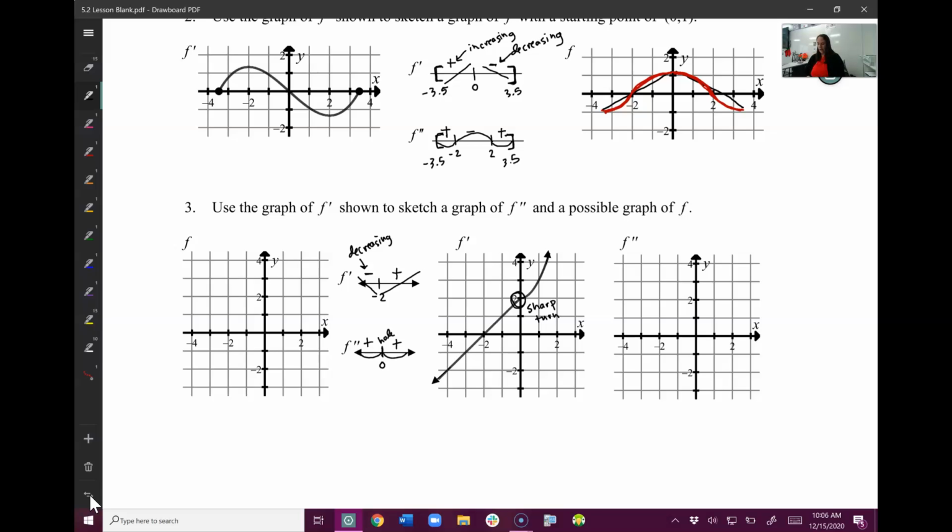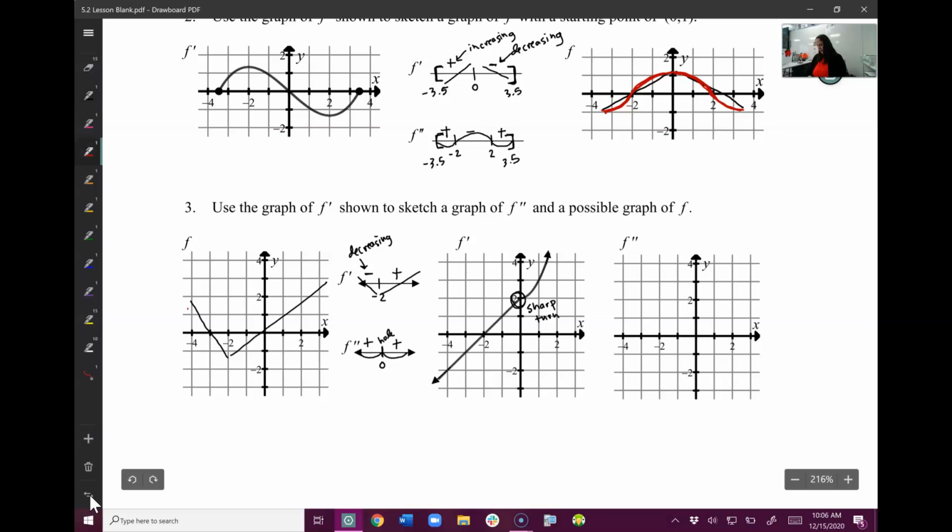Okay, so let's go left of -2. I should have some decreasing happening. Right of -2, I should have some increasing happening. And it should all be concave up the entire time.